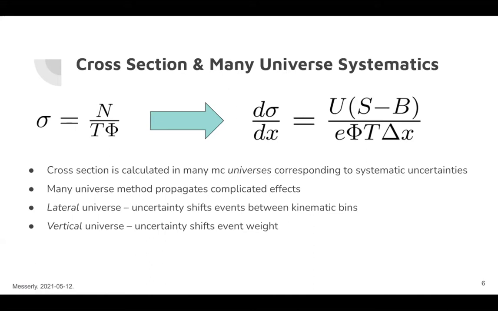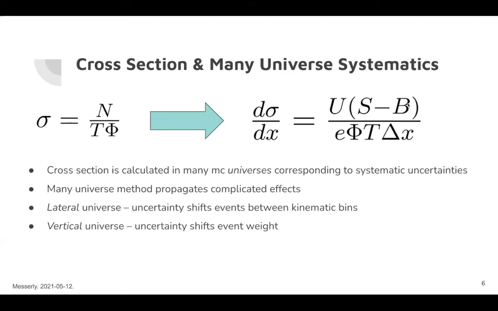If I'm understanding your question correctly, I'm talking about the first one. So to be specific, if you have some uncertainty on a calibration parameter, you may tweak that in the simulation, and that calibration parameter will then propagate all the way down the line to various reconstructed quantities and so on.